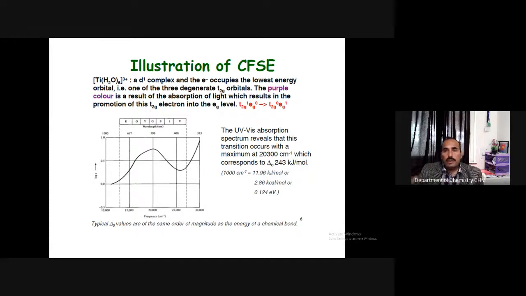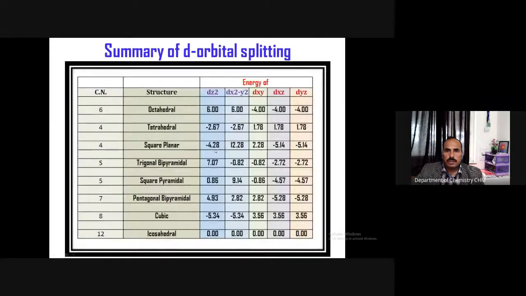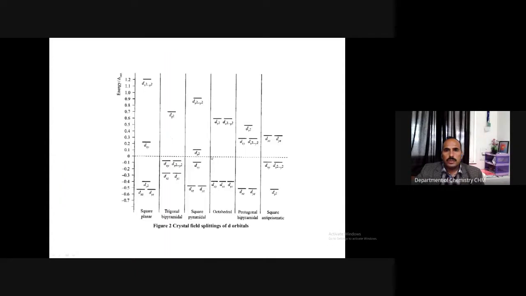All right, so I hope I was able to make it clear in this slide that a UV visible spectrophotometer is the instrument used to find out where a particular metal complex is absorbing, and that absorbance of light can be correlated with the d-orbital splitting. Like we have seen, this gap is in the octahedral geometry: this is the t2g level, this is the eg level.